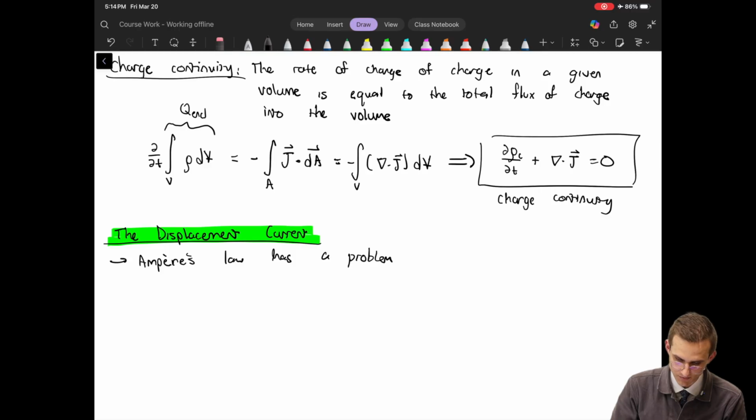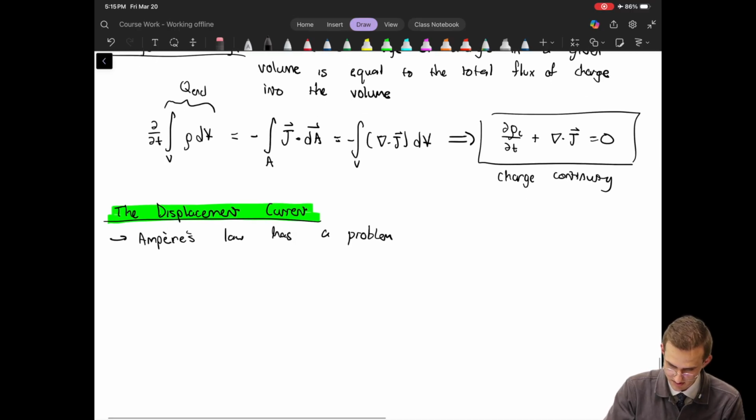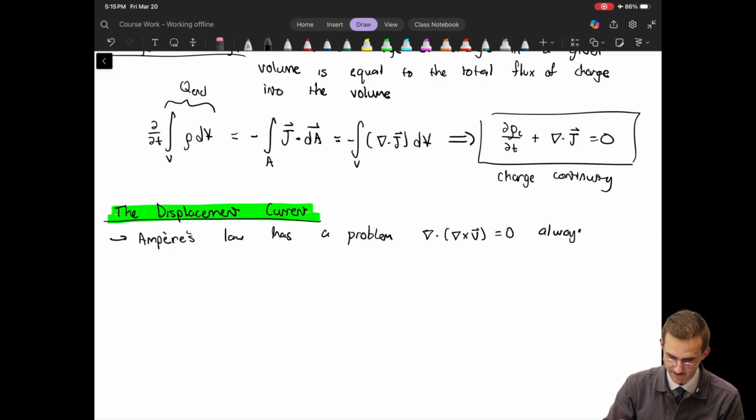Okay, so what we wrote down was the following. First off, the divergence of the curl of a vector field, which we alluded to before, has to be 0 always. That's always true. It's just a fact of math, vector calculus.